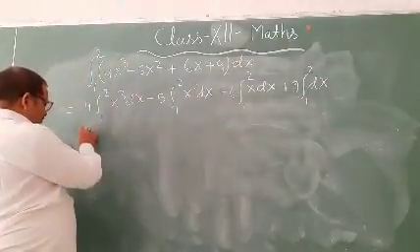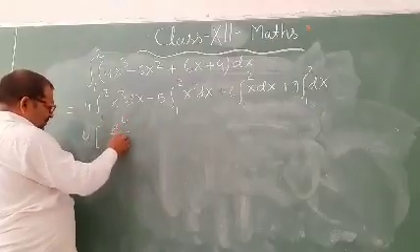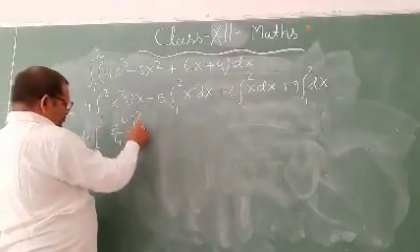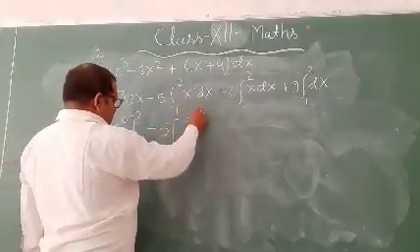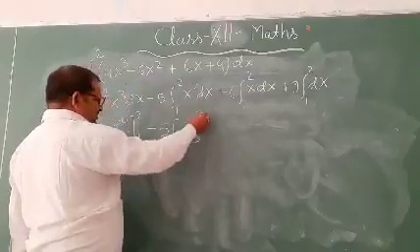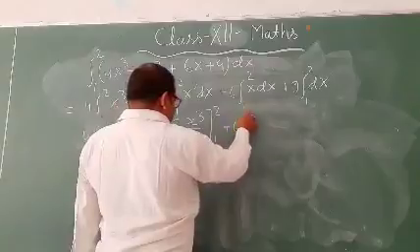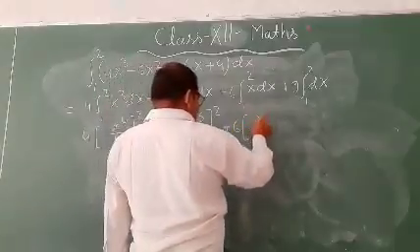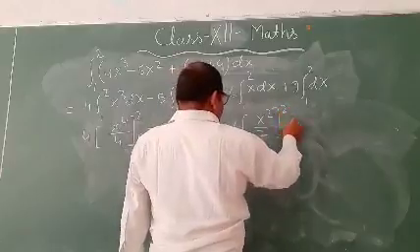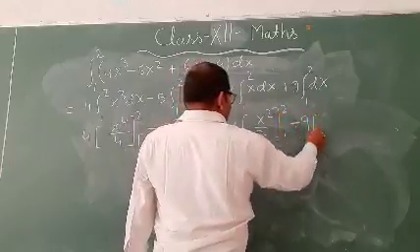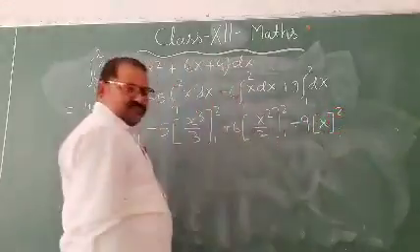that's equal to 4 x power 4 by 4 from 1 to 2, minus 5 x power 3 by 3 from 1 to 2, plus 6 x square by 2 from 1 to 2, plus 9x from 1 to 2.